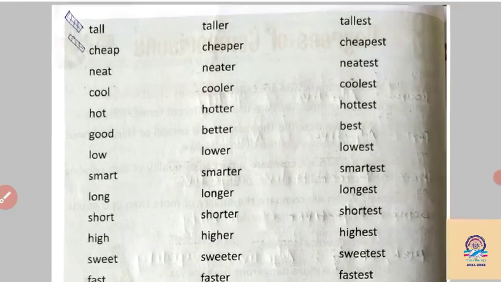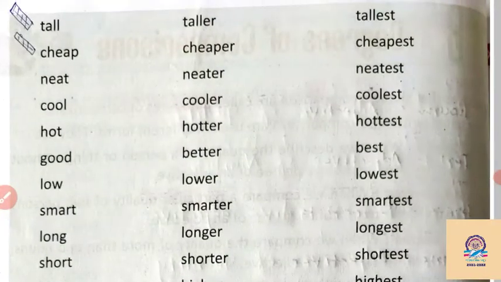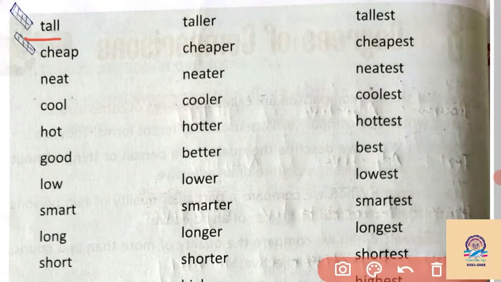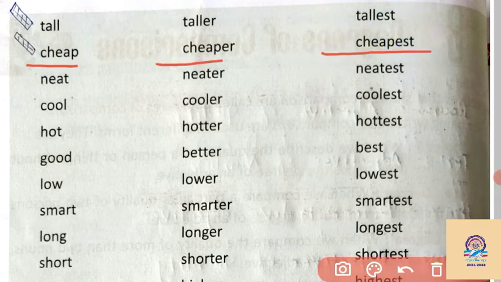Another adjective is tall. In the positive, tall, we add er, taller, for the comparative, then we add est to the positive and make tallest for the superlative degree. Then cheap changes into cheaper, then cheapest in the superlative degree.